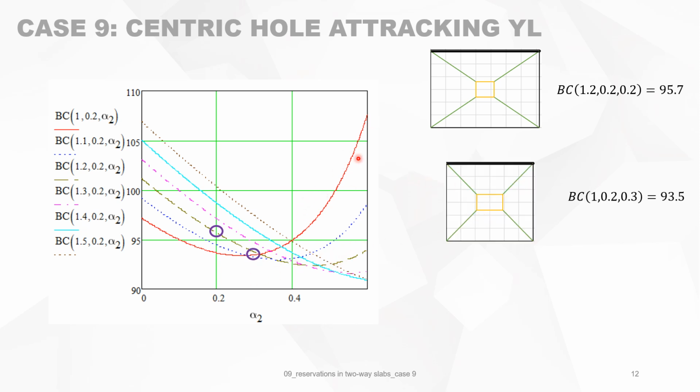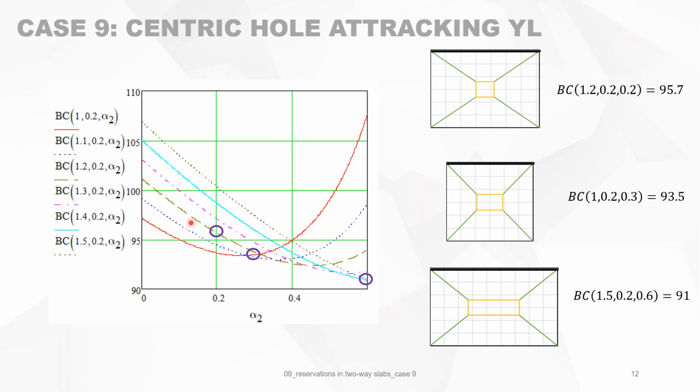Now we can look at the red curve for a square slab. You see that for alpha 2 equals 0.3, we end up with 94% or something like that of the bearing capacity, so you lose 6%. And finally, this dotted green curve is almost straight.